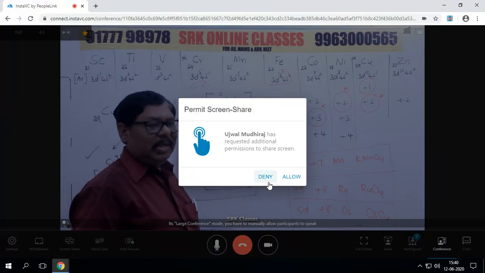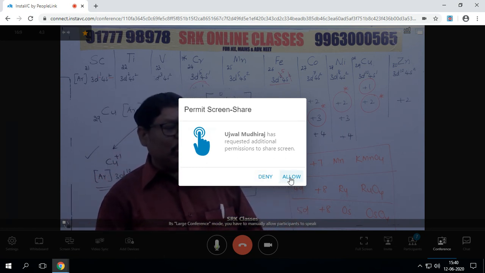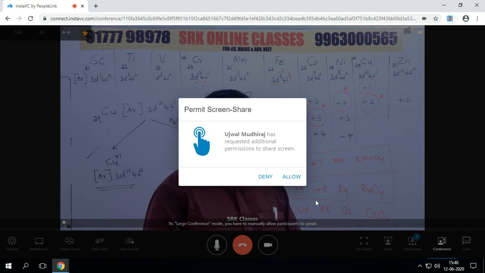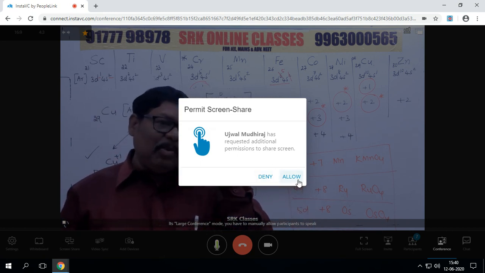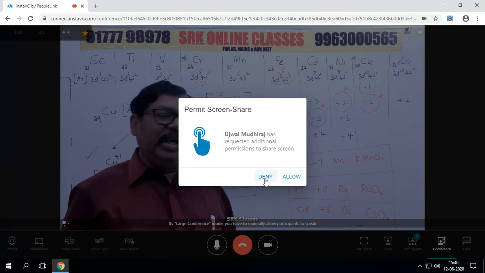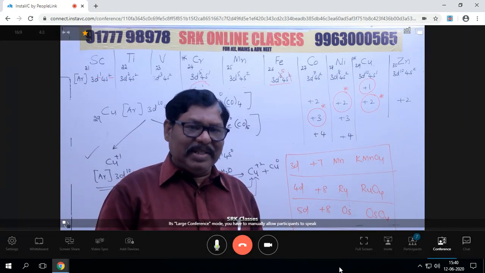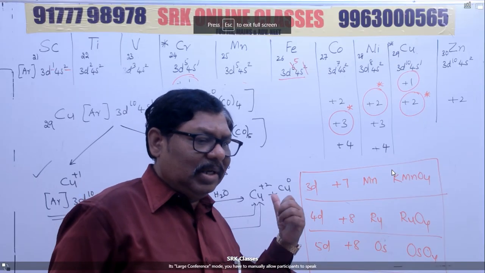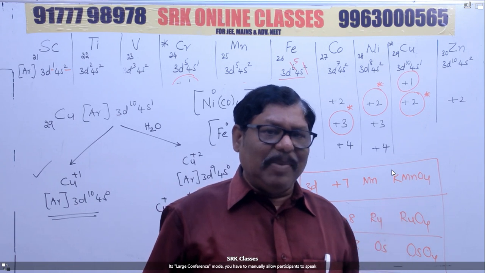That means in metal carbonyl complexes, oxidation state of metal is considered to be 0. So these are the few important points related with variable oxidation states of 3d series elements, which resembles 4d as well as 5d series elements. So those are the few important characteristic properties of transition elements.